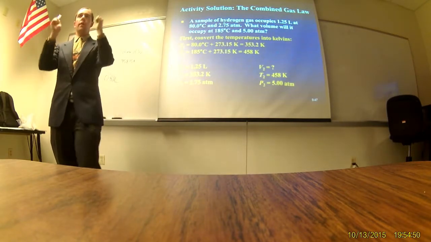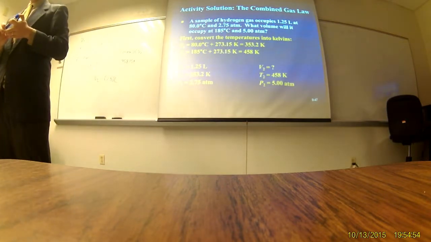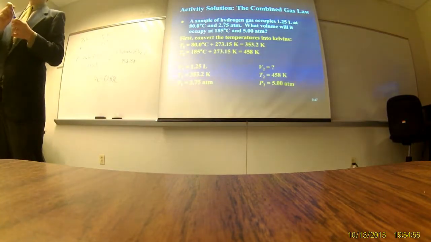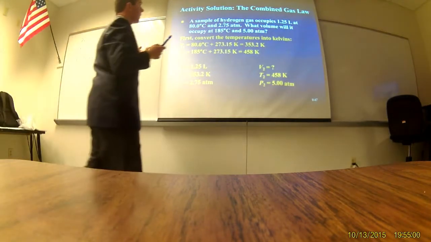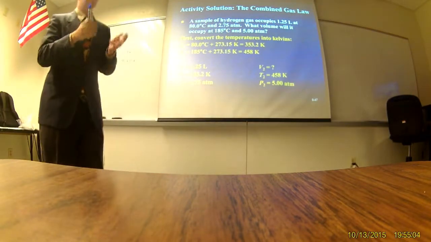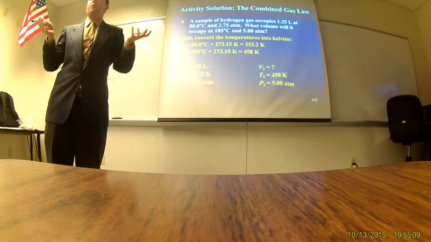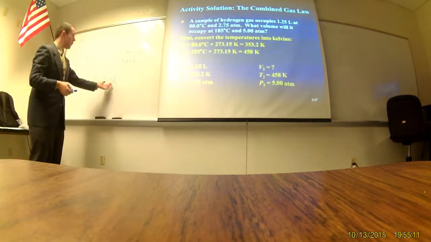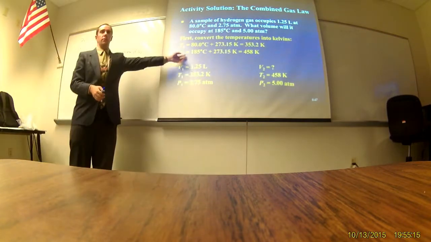If pressure went up, what would you expect your volume to do? Go down. Pressure and volume go in opposite directions. So in this case, they're fighting each other. The temperature is trying to make the volume go up, but the pressure is trying to make it go down. So we don't have a good way of predicting which one is going to win out. So our quick double check doesn't work here.